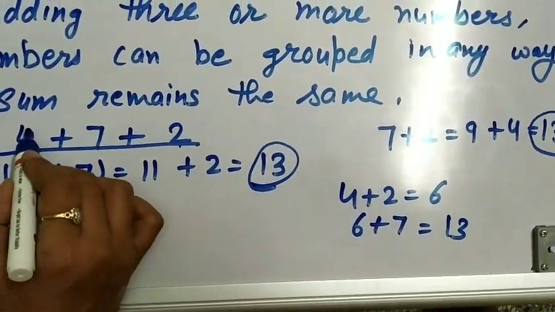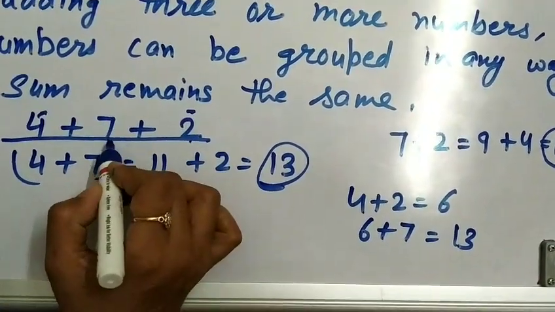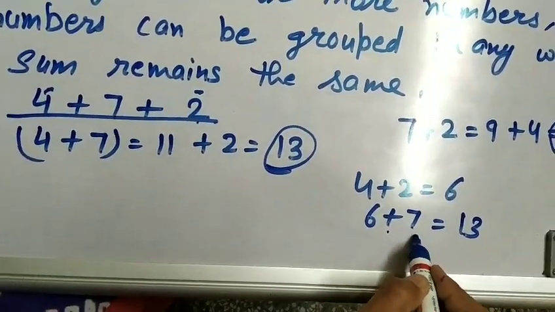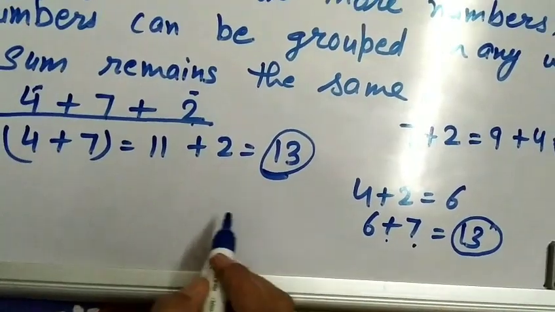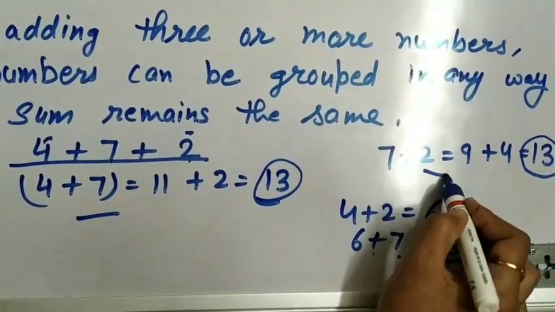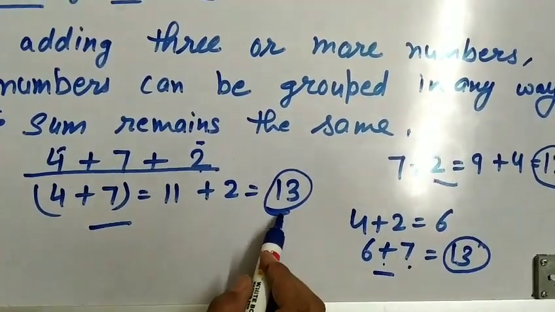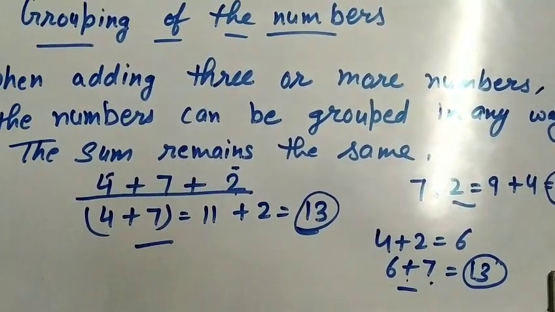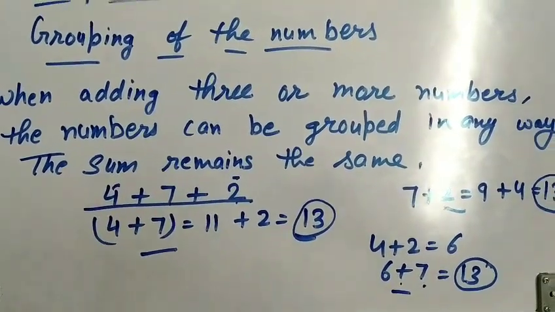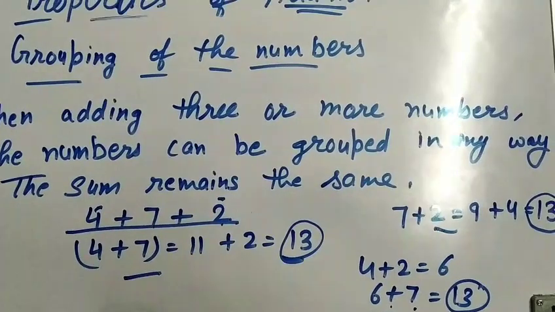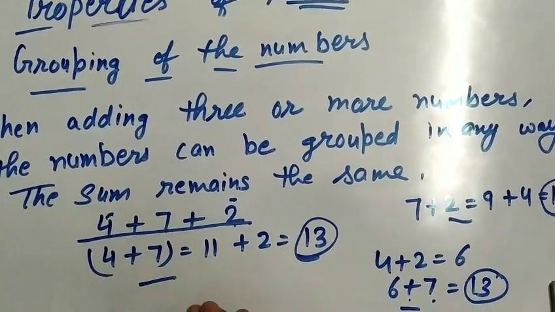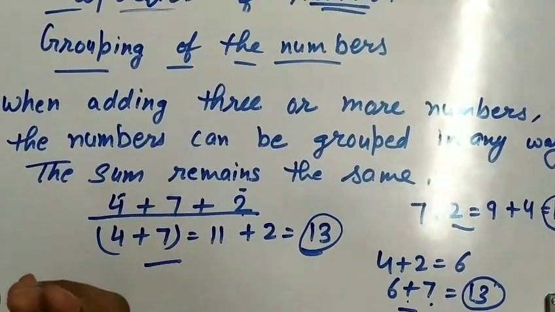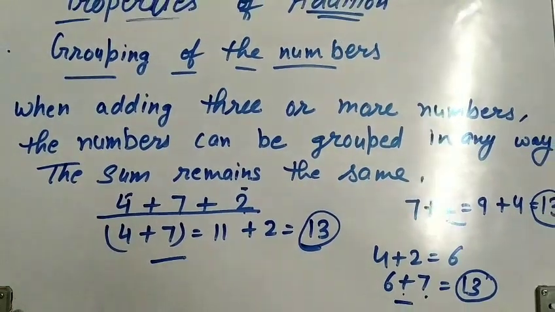Then 4 and 2 and then 7, the answer is 13. In these three cases, your answer is 13. It means if 3 or more numbers are added in different groups, then their sums remain the same in all cases.